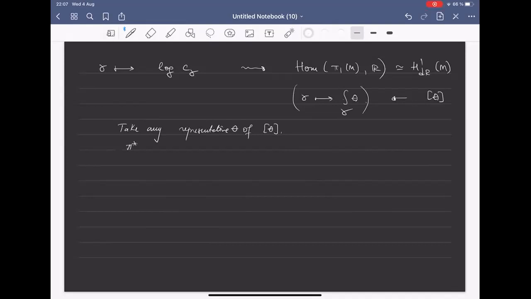Then the pullback of theta again has to be globally exact on the universal cover since it is simply connected. So it is the differential of some function f.